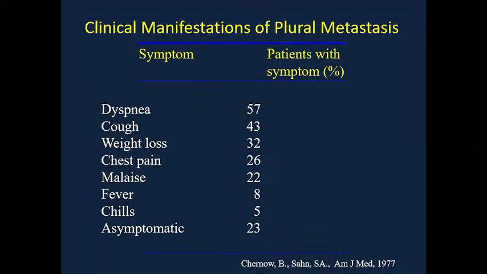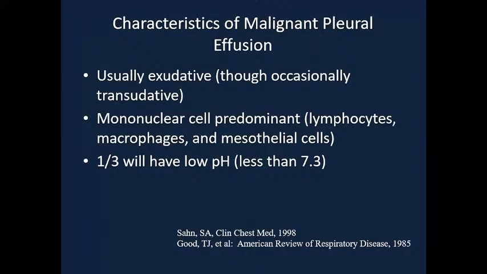When you have pleural disease related to metastasis, the presentation is usually subacute to chronic, with a slow or insidious onset, dyspnea, cough, weight loss, chest pain, malaise, fever, chills, and in some patients it will be asymptomatic.